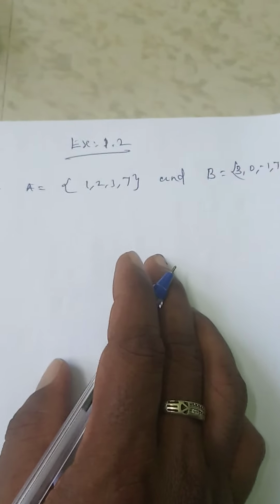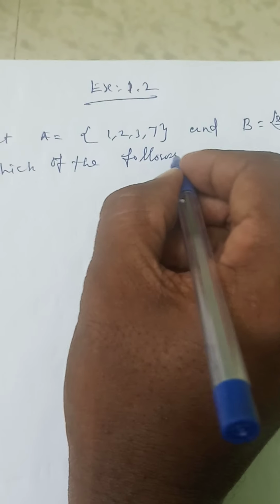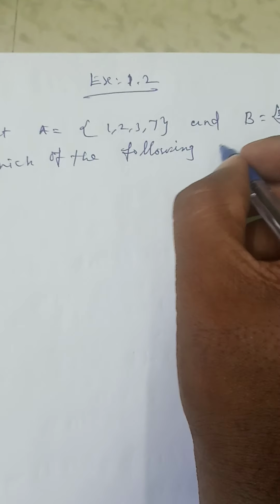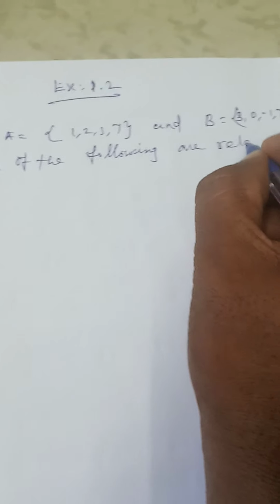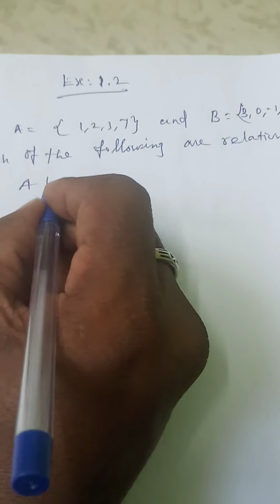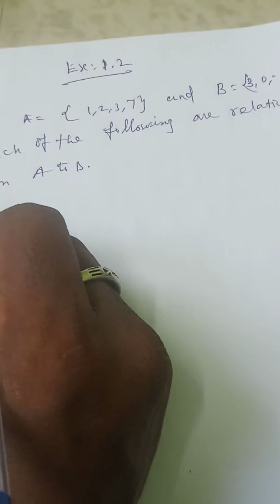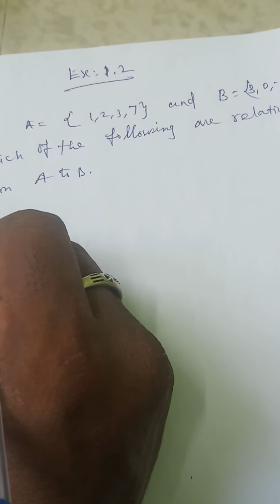Set A, set B. Which of the following are relations from A to B? You verify that. There are four subdivisions.